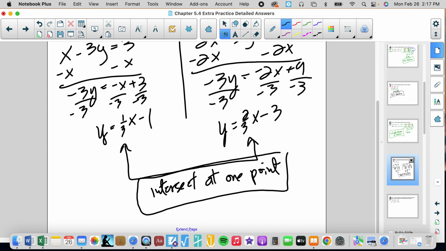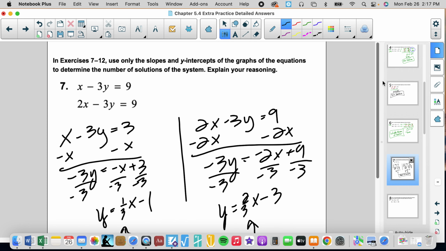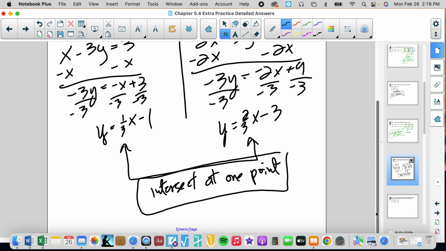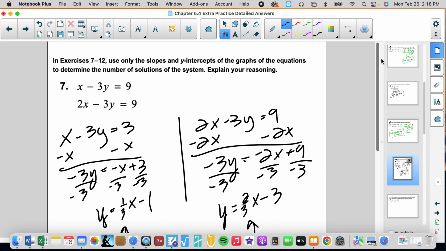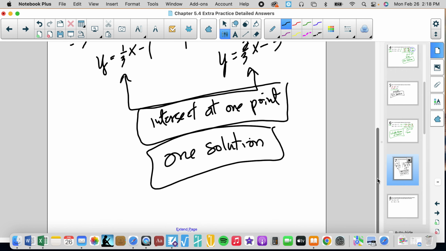They don't have the same slope. So determine the number of solutions. Yeah, intersect at one point. So one solution. Did I solve that? We did multiply. Oh no, negative. Yeah, we came out with the solution. Yep.